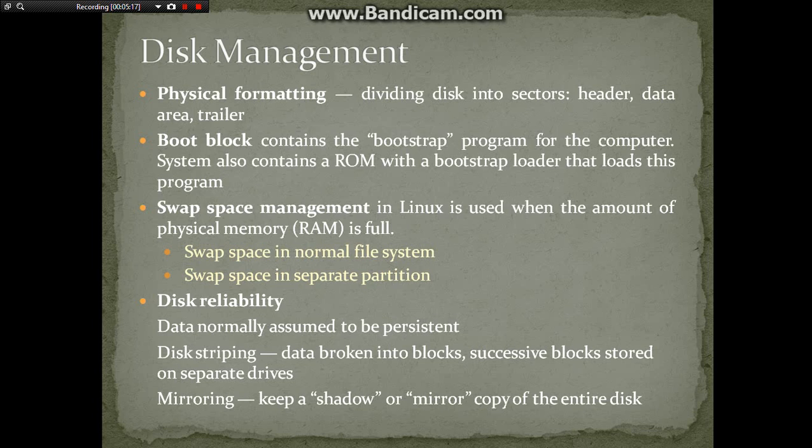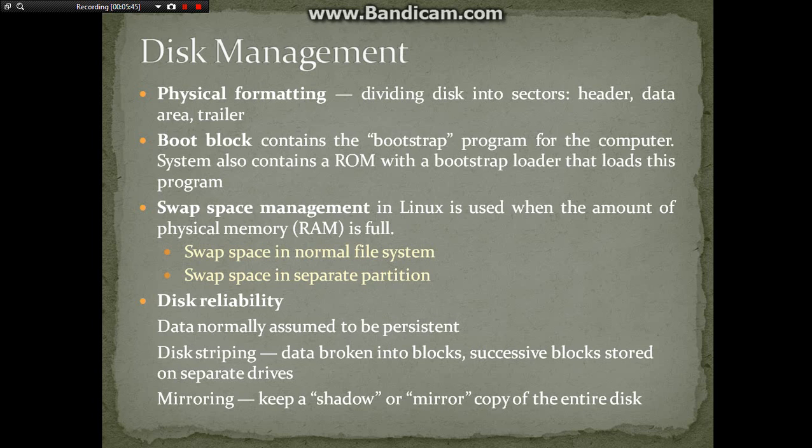Disk management. The disk management can be done in many ways, and we can use physical formatting, boot block, swap space management, and disk reliability. Physical formatting divides the disk into sectors, header, data area, and trailer.